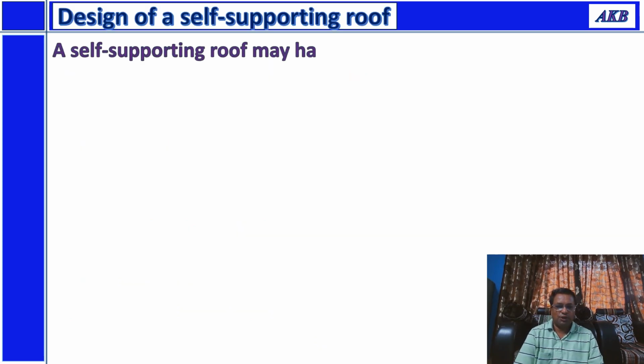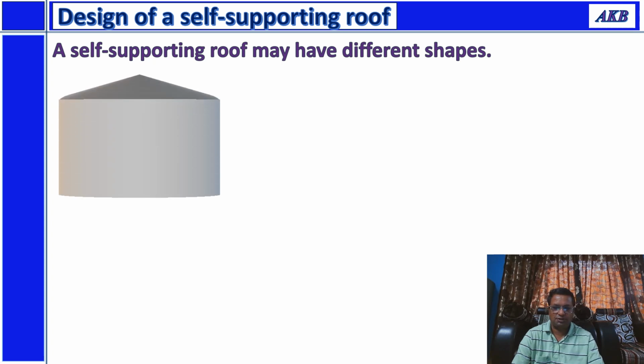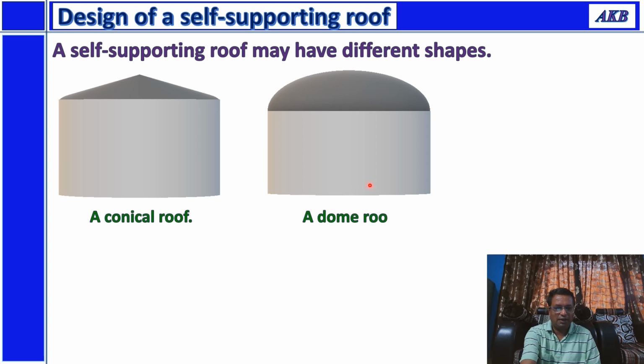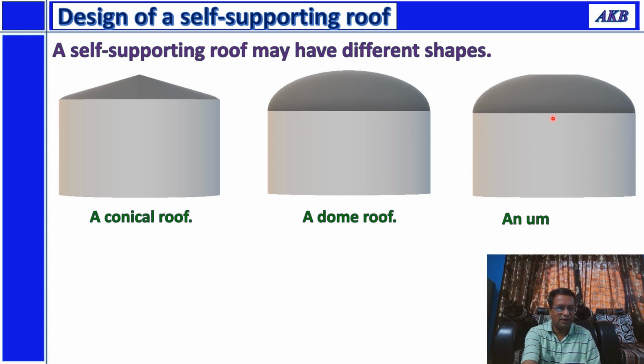A self-supporting roof that we are talking about, it may have different shapes. So it could be a conical roof like this, and we are going to discuss design of that, or it could be a dome roof like this, or it could be an umbrella roof, umbrella shaped roof.